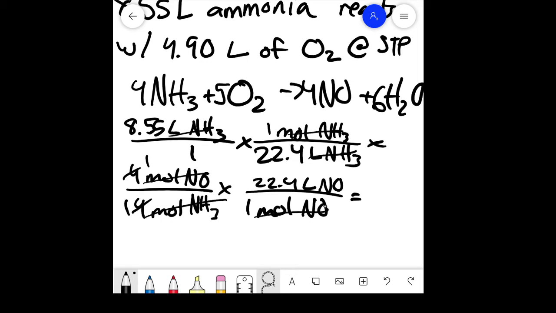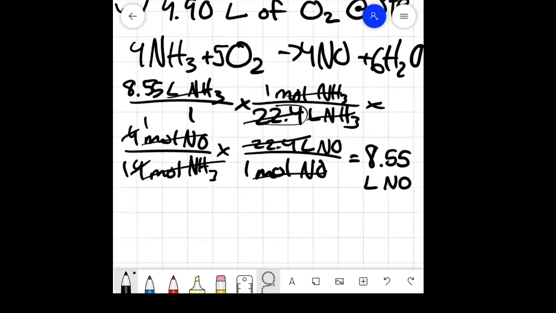We're left with liters of nitrogen monoxide. You also see that the 22.4 in the top and the 22.4 in the bottom cancel also. So you're just left with 8.55, and you don't even have to put that in the calculator. That gives you 8.55 liters of nitrogen monoxide.